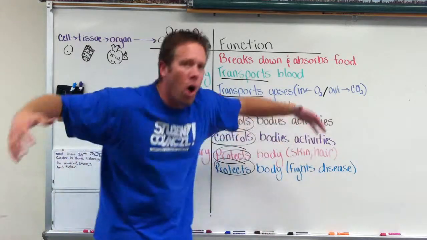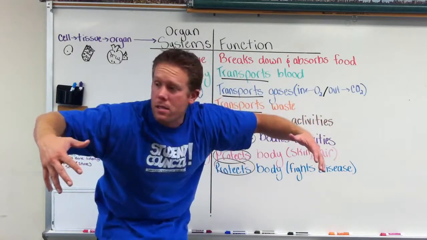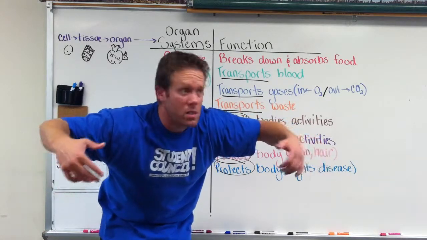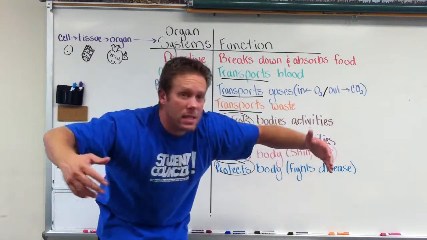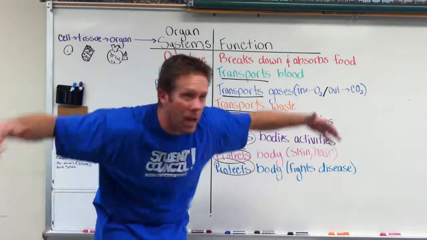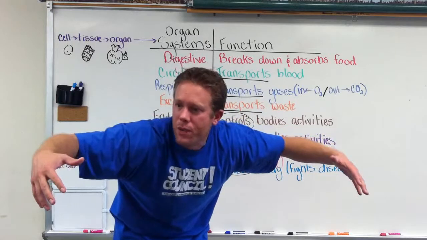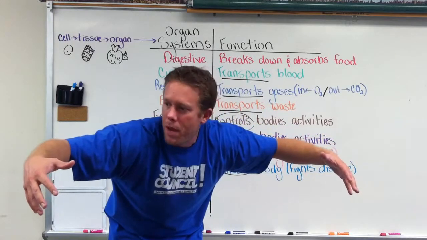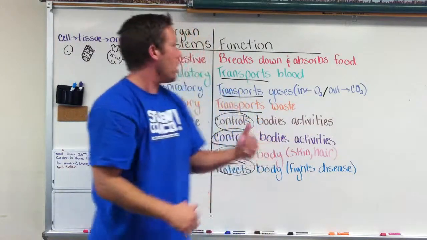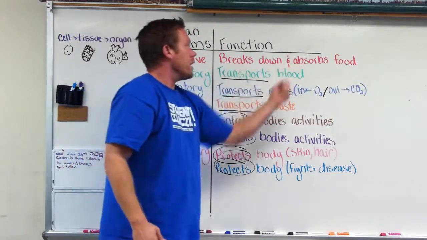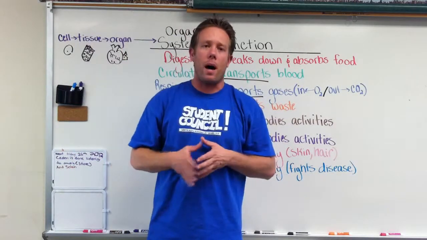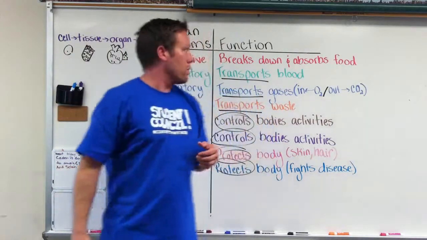The stomach, the esophagus, the small intestine, the large intestine, they all get together and they're like, let's digest food so that it can be used by the body cells. That's a whole bunch of organs working together to break down food so that it can be absorbed by the body and used by the cells.